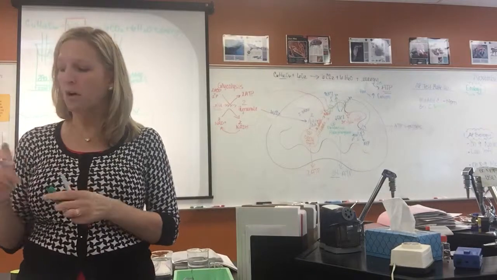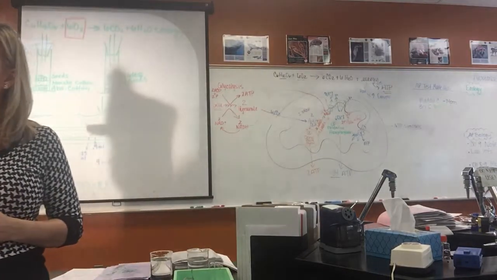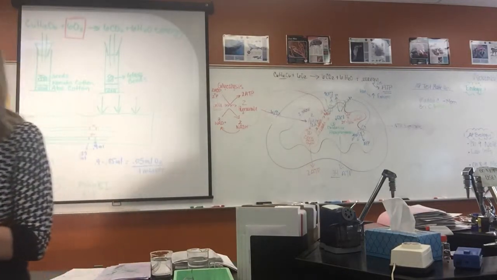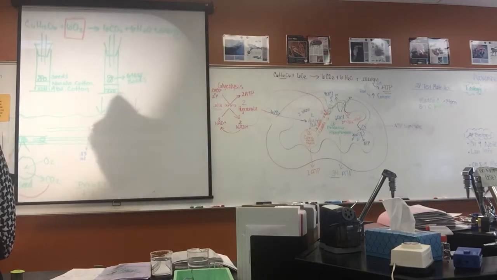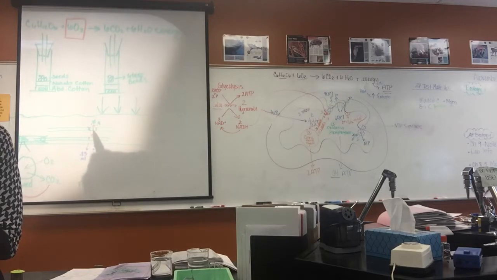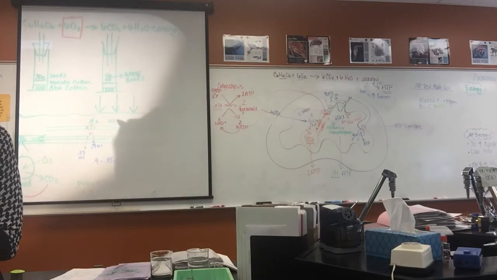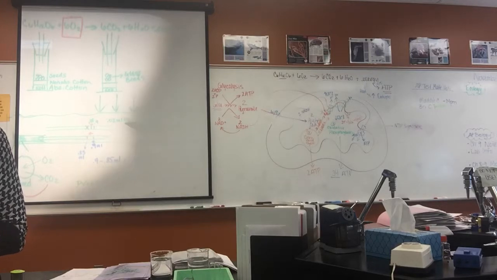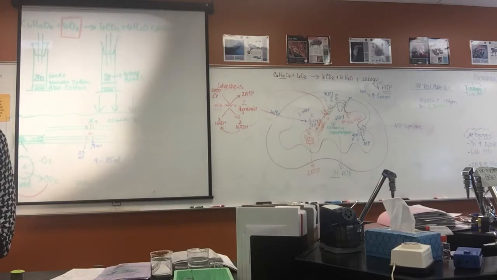So we look at what the beads are doing. Let's say the beads started at 0.9 and went to 0.88. It looks like the beads took in 0.02 milliliters of oxygen, doesn't it? Did the beads really take in oxygen? No. This is due not to oxygen, but to a change in air pressure.